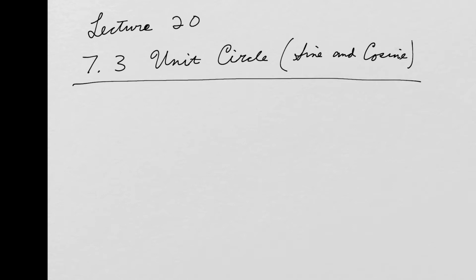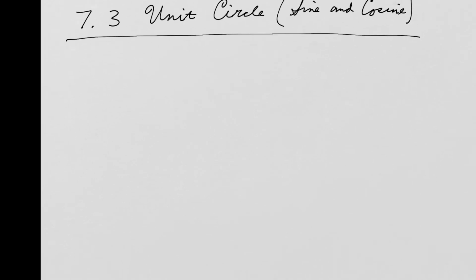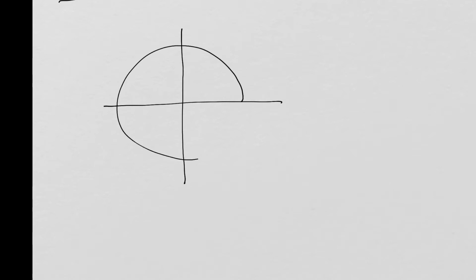So let me start by drawing a circle, and I'll do this more generally to start, and then we'll specify a unit circle. Let me start with just a general circle that has some radius r. Let's say this is my radius r, and this location here is x, y, on the circle.